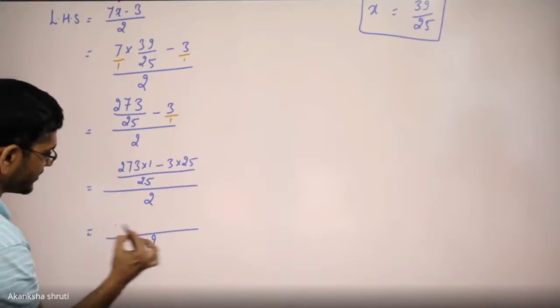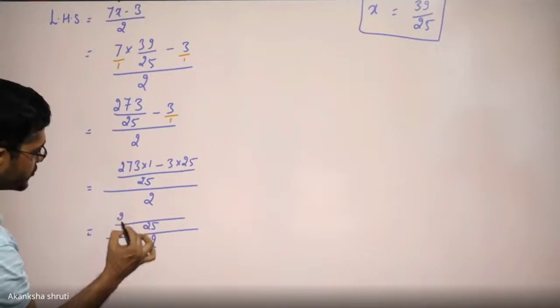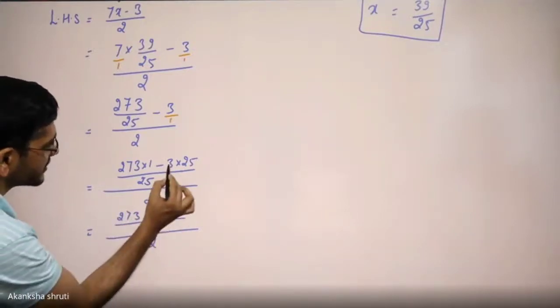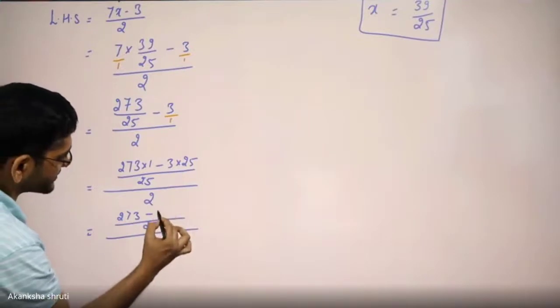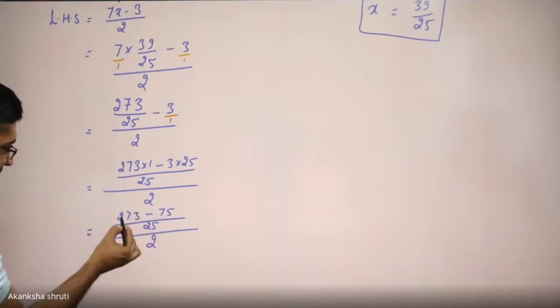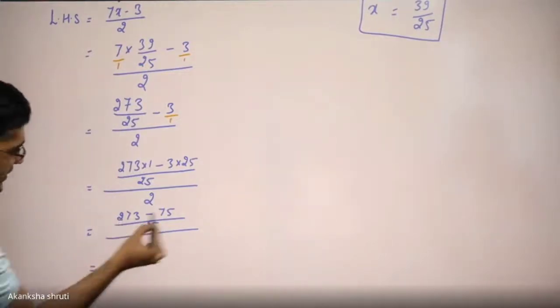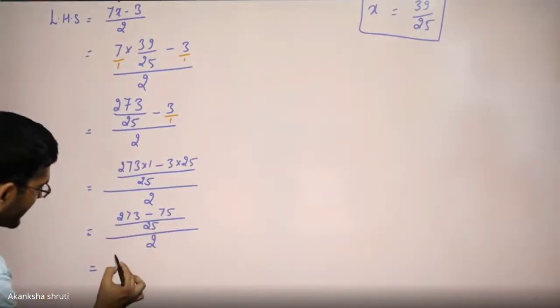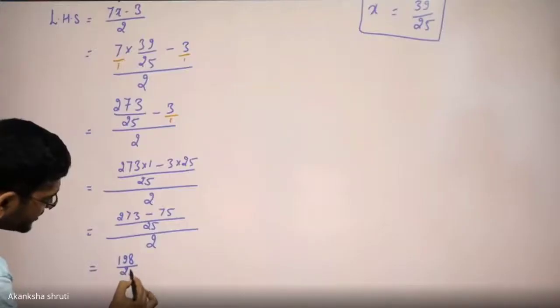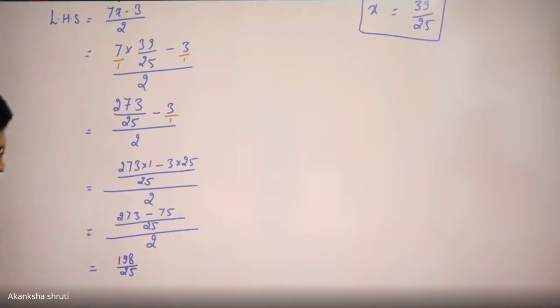In numerator we have 273 minus 3 into 25 is 75. So this we need to solve. Student, subtract 75 from 273. This gets converted to 198 by 25. This is in the numerator. Student, 198 is obtained by subtracting 75 from 273. By 25, this one whole by 2 is already there.